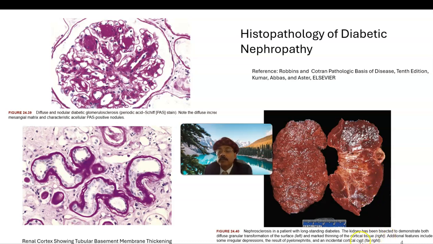The cortex is thinned out. Additional features include irregular depression and also cysts as a result of pyelonephritis, and an incidental cortical cyst. We'll get some cysts here in the cortical region, and this is granular. As well, the cortex will be atrophied.